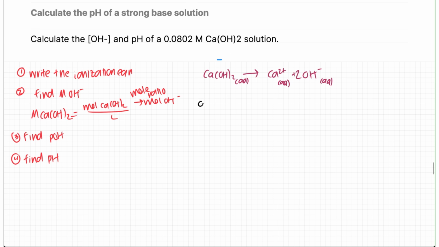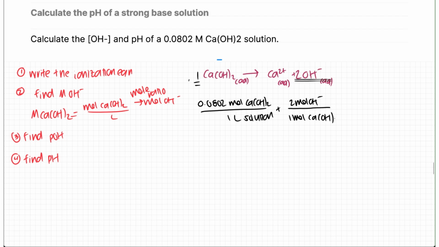And this part will be important for the mole ratio, where we have 0.0802 moles of Ca(OH)2 per every 1 liter of solution. But if we would like the concentration of OH- instead, we're going to use the 1:2 mole ratio from the equation, and we have 2 moles of OH- for every 1 mole of Ca(OH)2.